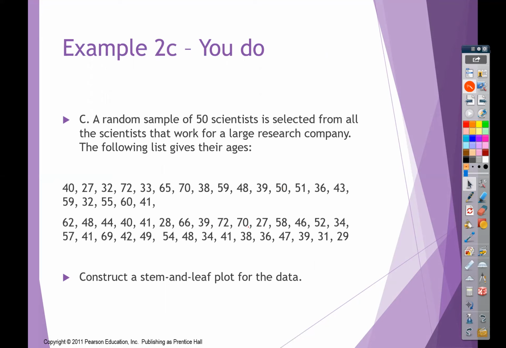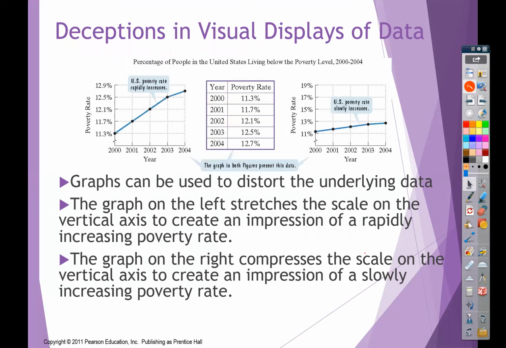So you want to look for your smallest number, which would be, let's see, in the 20s for sure, 27 maybe. And then your largest number, I see, is 72. So your stems would be 2, 3, 4, 5, 6, 7, and then you would list all the leaves out to the side.